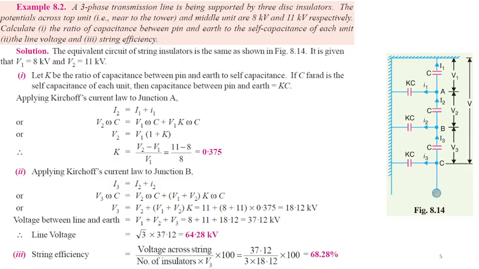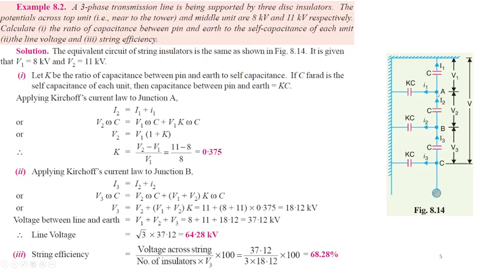The equivalent circuit shown helps visualize the current path and capacitive effects, forming the basis for further calculations of voltage distribution and string performance. The rest of the formulations are equal to the previous example.